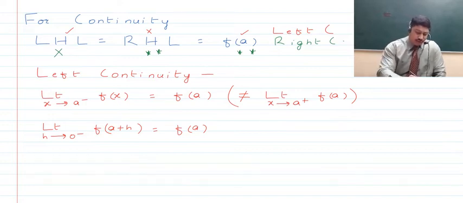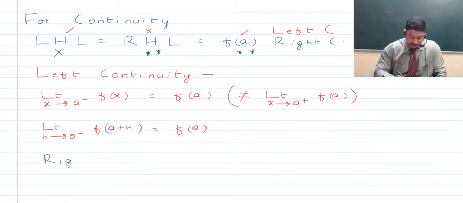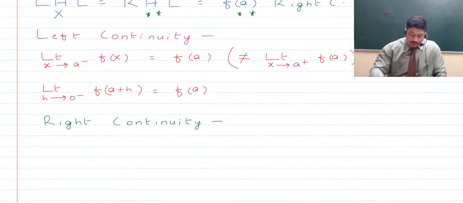Now children, let's talk about the right continuity. When we talk about the right continuity, we talk about the left hand limit being not equal to the right hand limit, which is going to be equal to the value of the function at the point a.